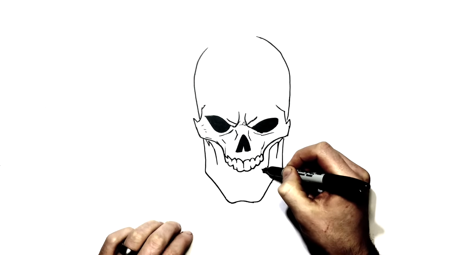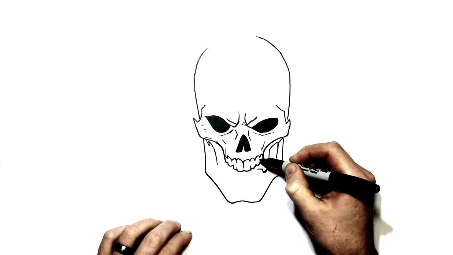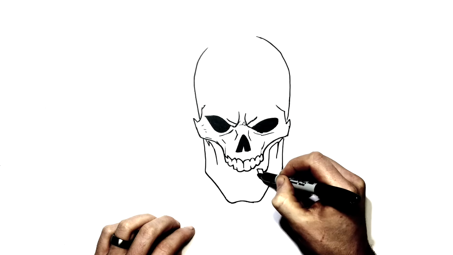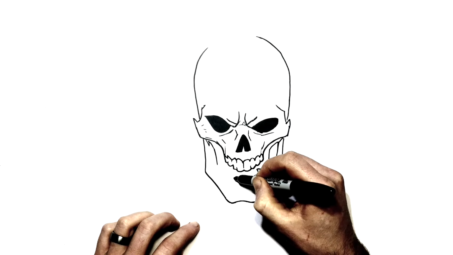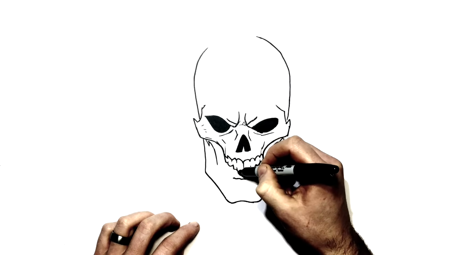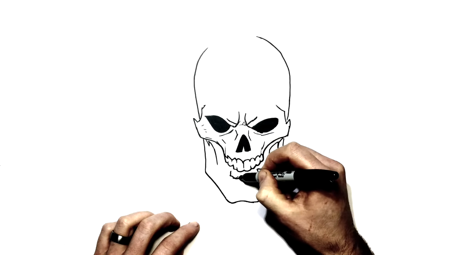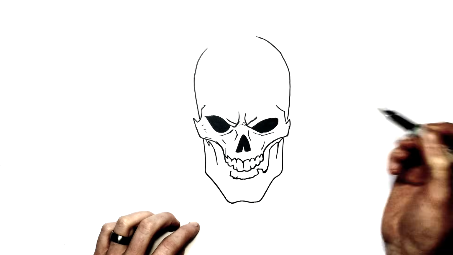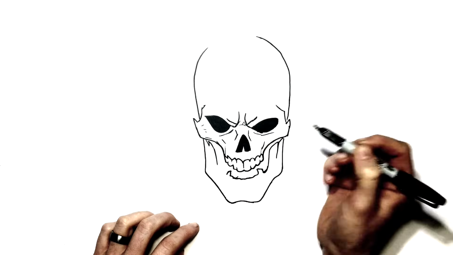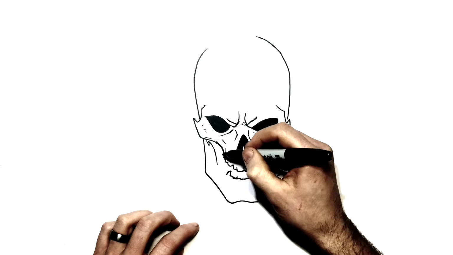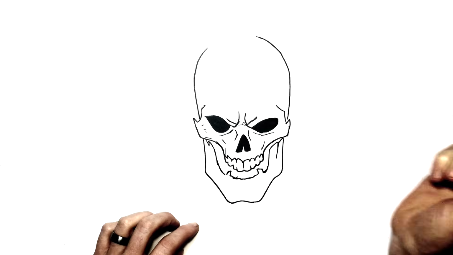We can see the backs of the teeth because there's no lips or anything, so we can see all those teeth, and just make them kind of bumpy. You don't have to be too exact. People will get the idea. Just like that. And then these meet that jawline just there.